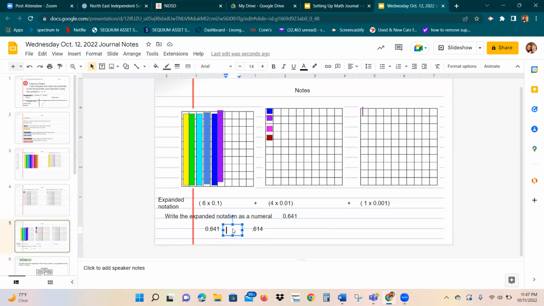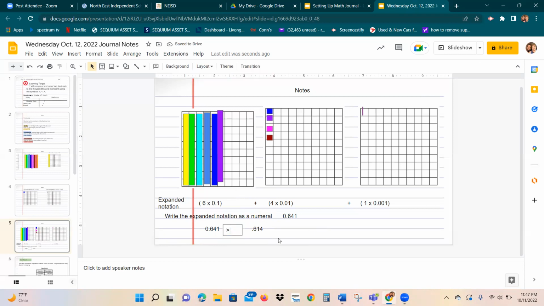I'm going to put a greater than symbol, right? Because isn't this 641,000 greater than your 614,000? Yes, it is. And you can visually see it. You can see it in your expanded notation, and then you can see it with comparing.